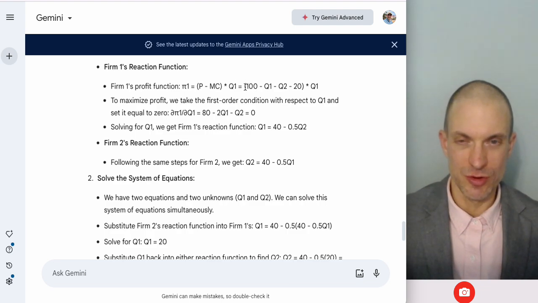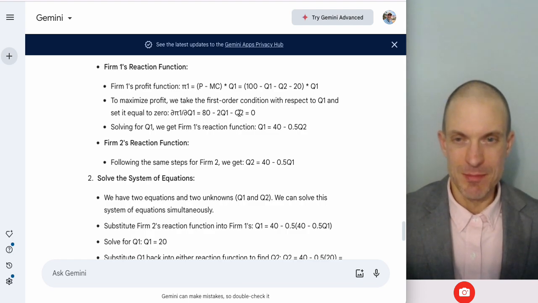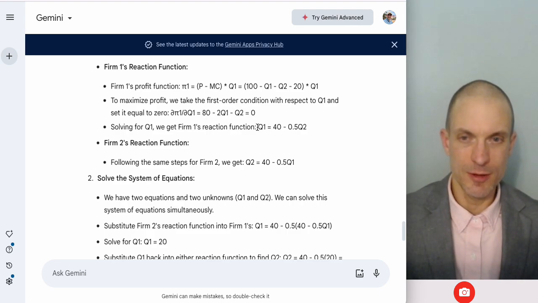Yeah, that's right. Cleaning up the algebra first, we have 80Q1 minus Q1 squared minus Q2Q1. When we take the derivative, we get 80 minus 2Q1 minus Q2. That's good. We'll solve for Q1. So 80 minus Q2 equals 2Q1. Divide through, and we'll have (80 minus Q2) over 2 is Q1.